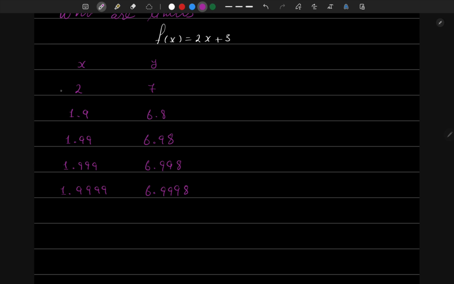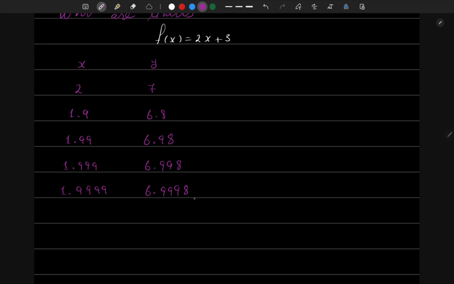Well, as I get close to 2, I'm getting close to another number. Well, 6.8 is very close to 7. But 6.98 is closer to 7. Well, 6.998 is closer to 7 than those two values.